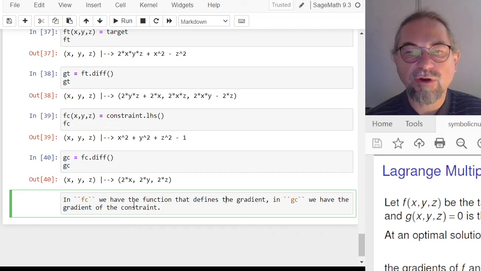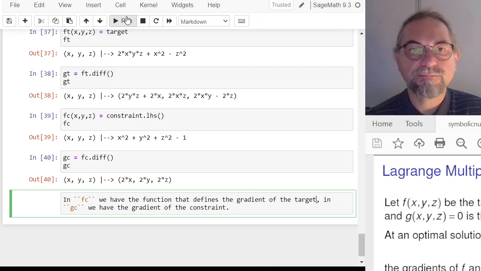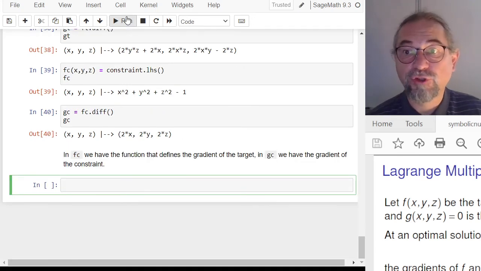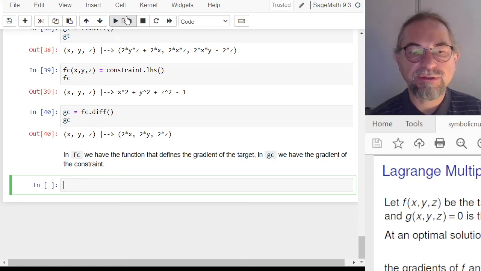So the gradient of the target and the gradient of the constraint. That's the first step in setting up the problem, computing the gradients.